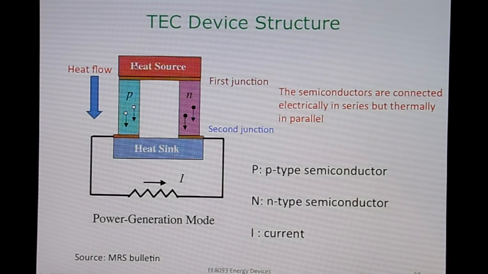So with the two semiconductors connected in series electrically, but thermally in parallel, what will happen is this: when the hot side is maintained at a higher temperature than the heatsink, heat will flow through the p-type and n-type semiconductors from top to bottom, and the sum of the two thermoelectric voltages across the p and n-type semiconductors will add because of the series connection, and the net thermoelectric voltage will drive a current through the resistor.